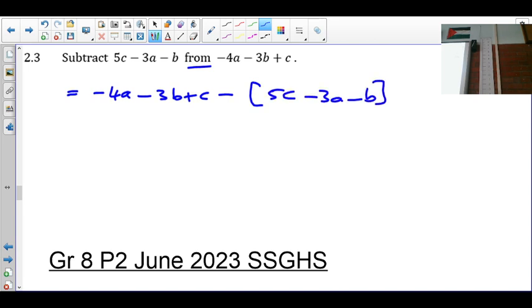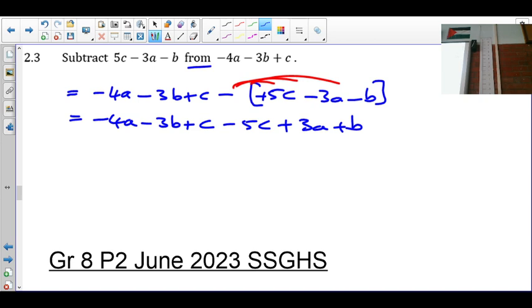Some of you wrote negative 4a minus 3b plus c first, but you didn't put the bracket in. Why do you need a bracket? Because there's more than one term following a negative sign. So let's get rid of the brackets. That now gives us negative 4a minus 3b plus c, negative times positive is negative 5c, plus 3a plus b.